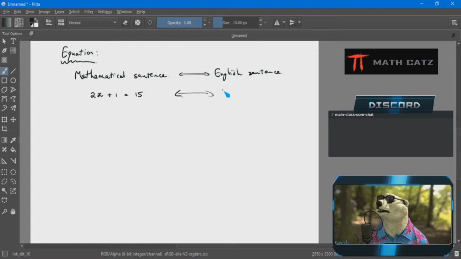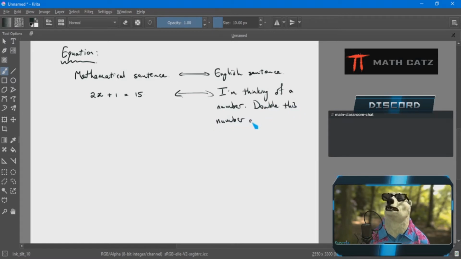Let's make it more interesting. I'm thinking of a number, and it's unknown at this stage. I'm just going to do it in a short way. If we double this number and then add 1, we get 15.